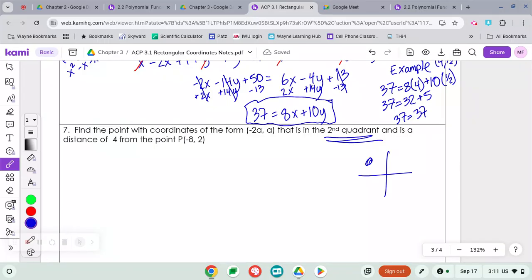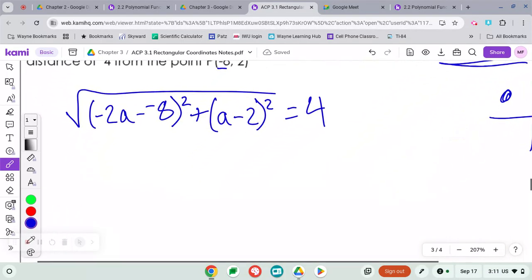And so we take the square root, our distance formula, negative 2a minus, here I can do my minus 8. And then it's going to be a minus 2. That'll be squared, and all of this we know should equal 4. So the first thing we're going to do is square both sides.